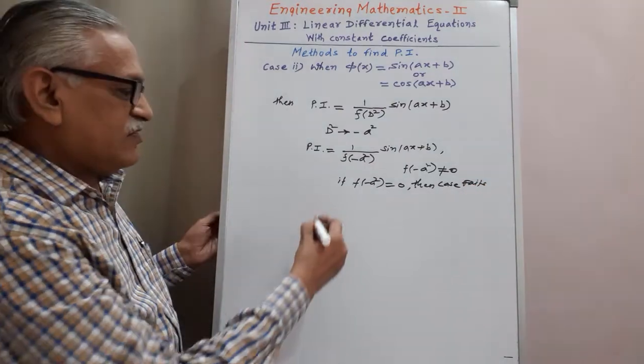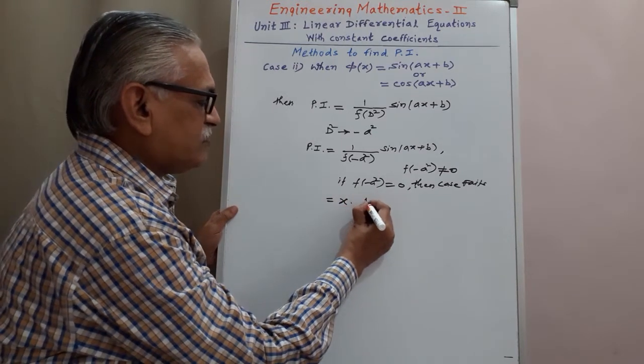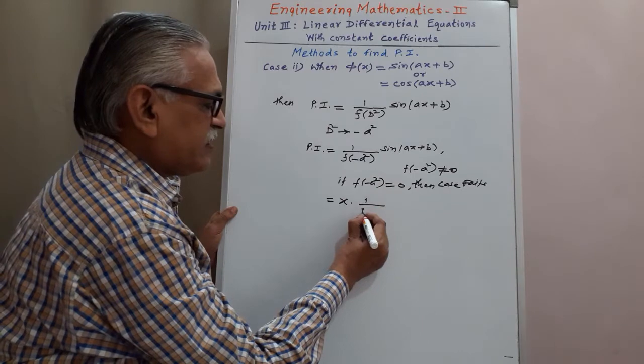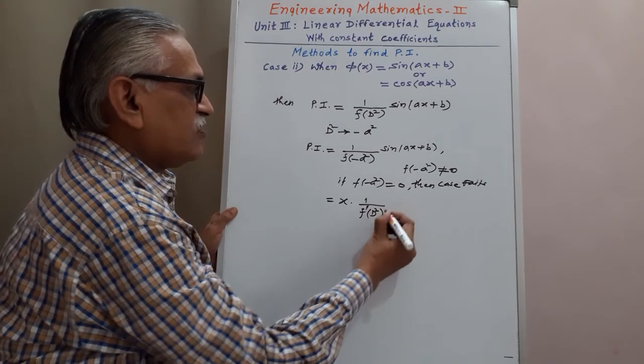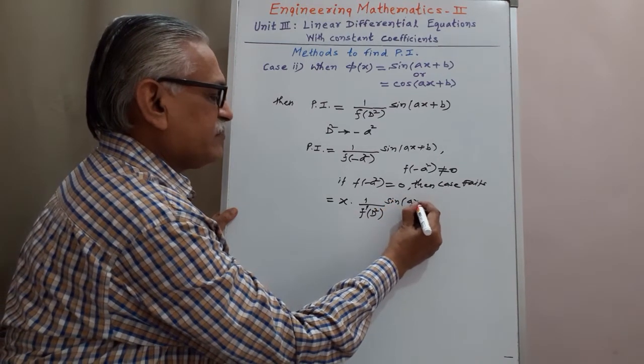And if the case fails, we go to the next step as x times 1 upon, differentiating with respect to D, we get f dash of D square, operated on sin of ax plus b.